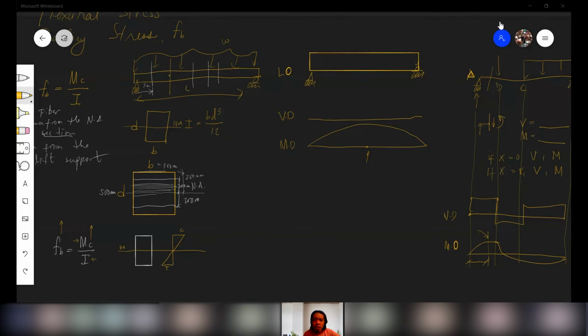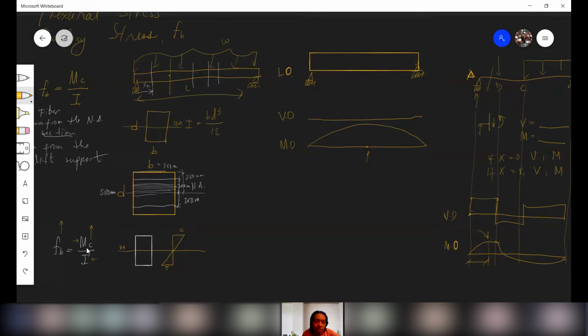What's next? Divide. Divide what? Is it M times C? M times C, and the subscript goes here.